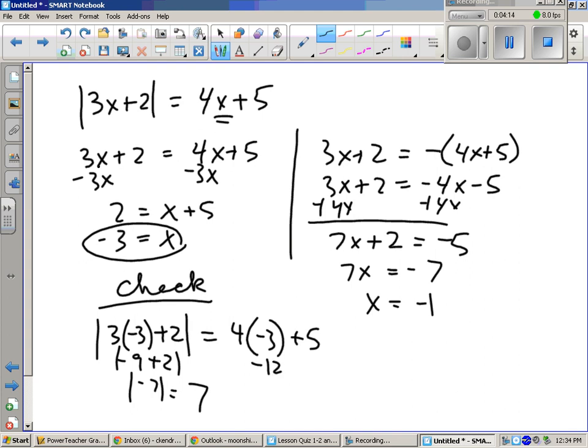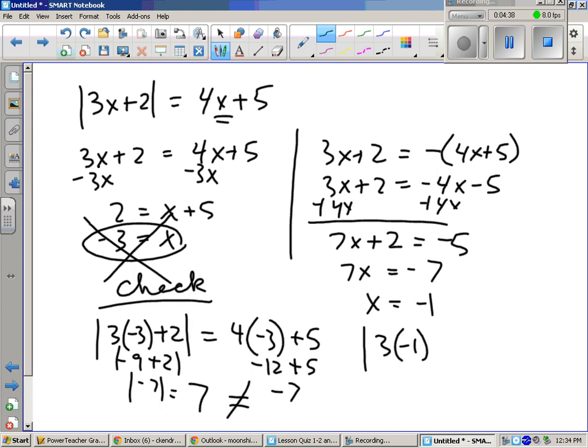On the right, I have -12 plus 5, which is -7. So these are not equal. So that means this gets thrown out. It's like a phantom answer. And it's all because there are two possibilities, and with an extra x outside, we never know for sure which one's going to work. Let's try it with the -1, make sure this one works.